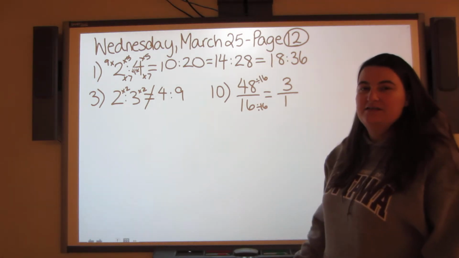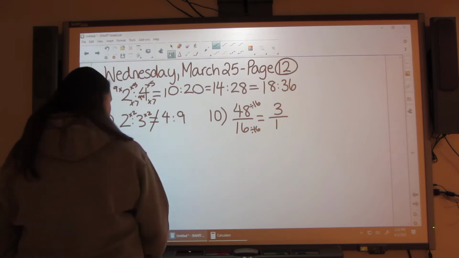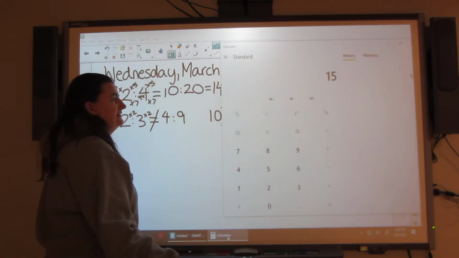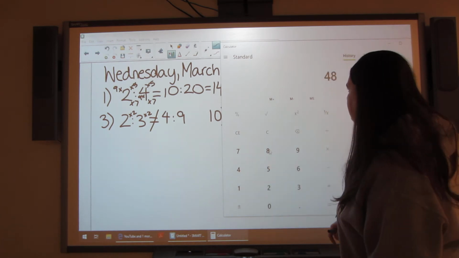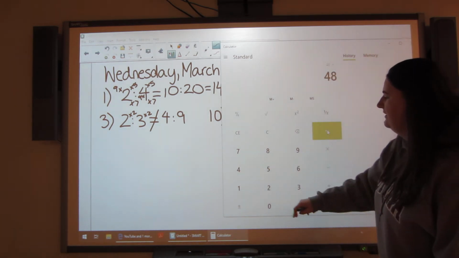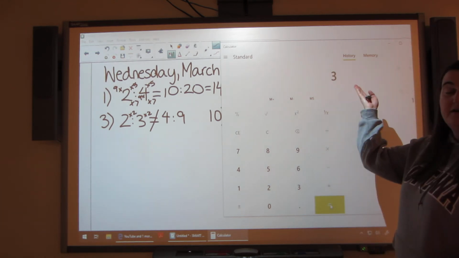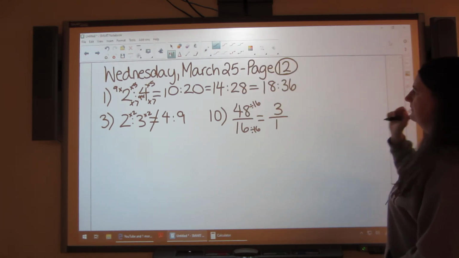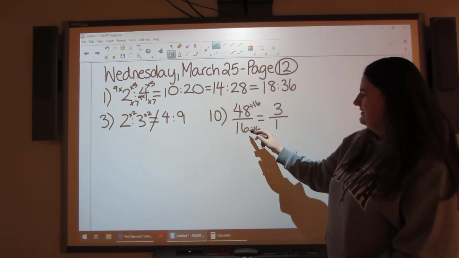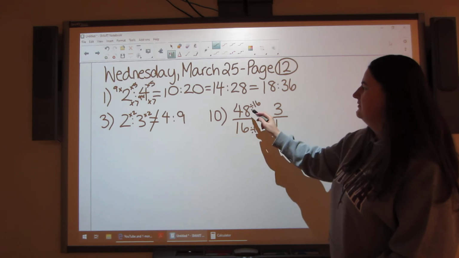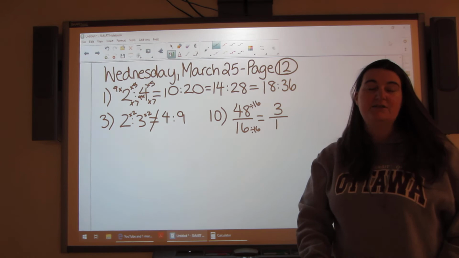If you don't know off the top of your head, don't just guess. Please don't guess. Use an outside calculation. 48 divided by 16 equals 3, which is perfect. So this one is equal. 16 divided by 16 is 1. 48 divided by 16 is 3. It's equal. You just leave the equal sign alone.